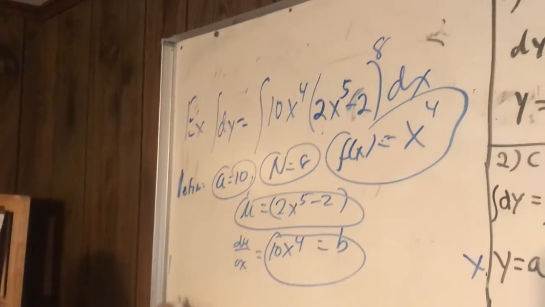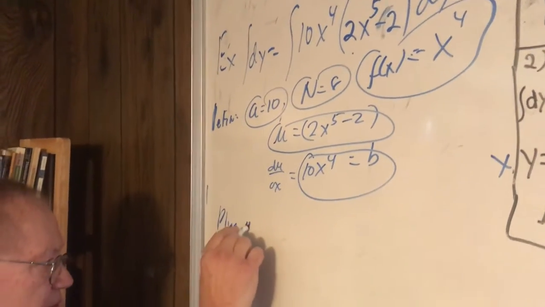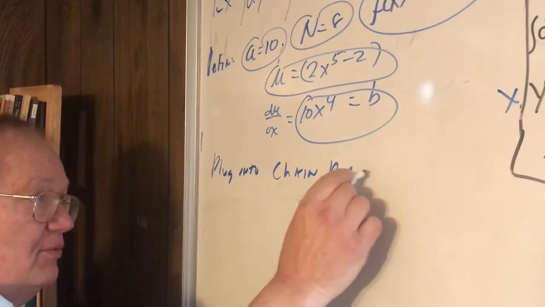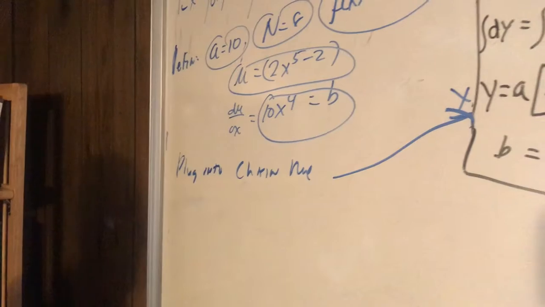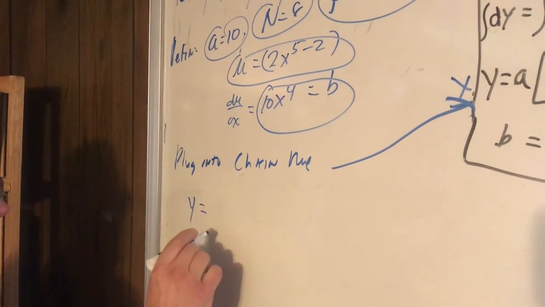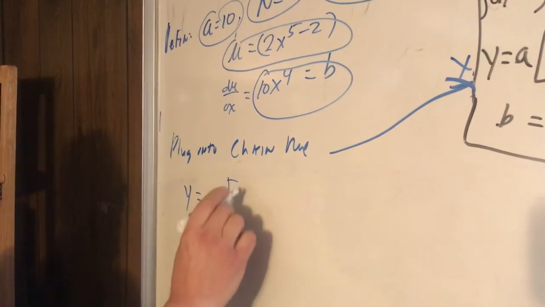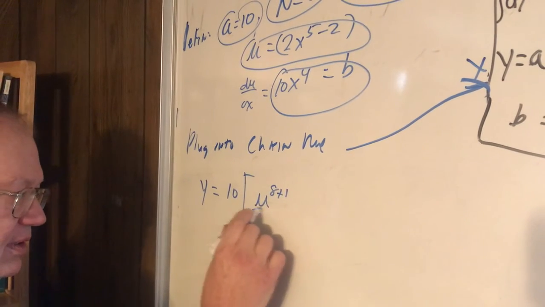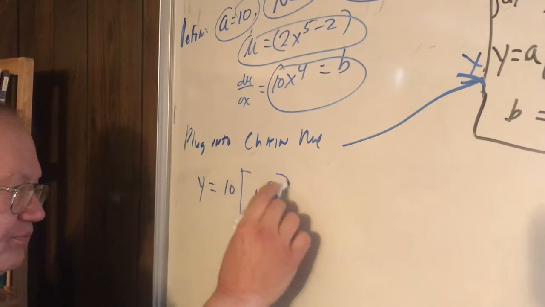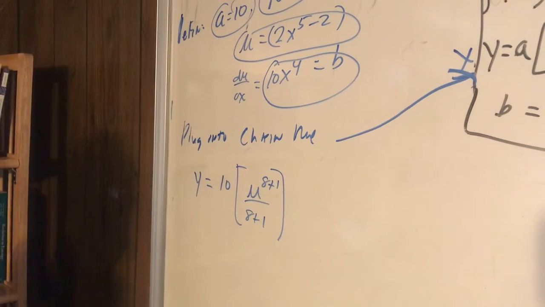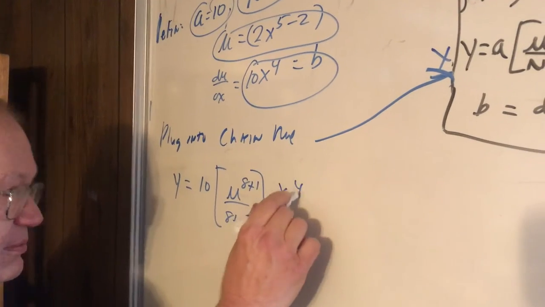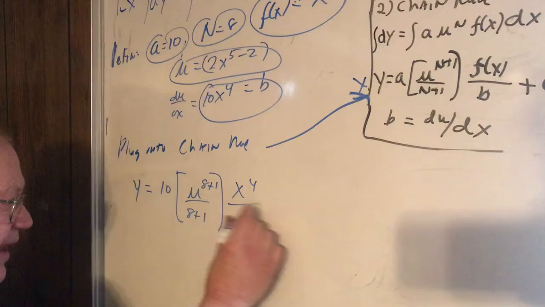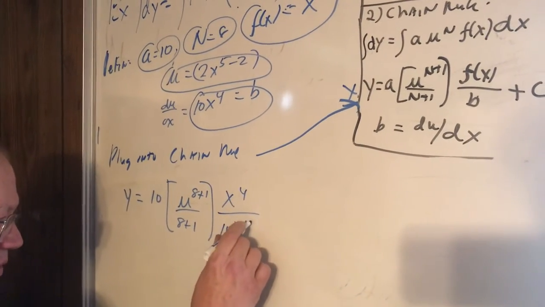So let's plug in chain rule, which is this sucker here. So y is going to equal a, which is 10, u to the 8 plus 1 over 8 plus 1, f of x, which is x to the fourth, divided by b, which is 10x to the fourth, plus c.